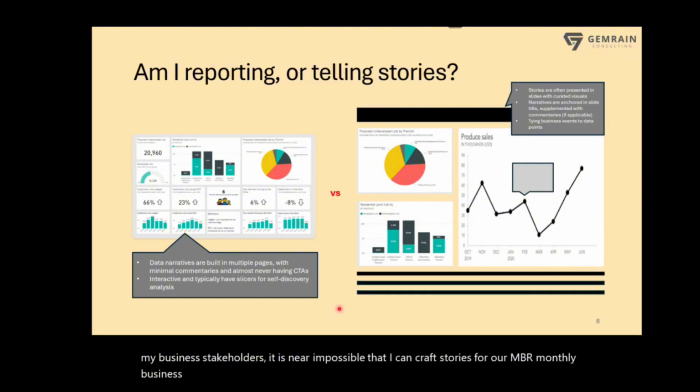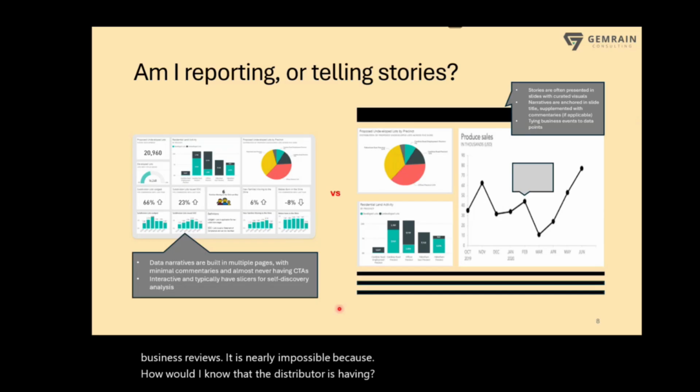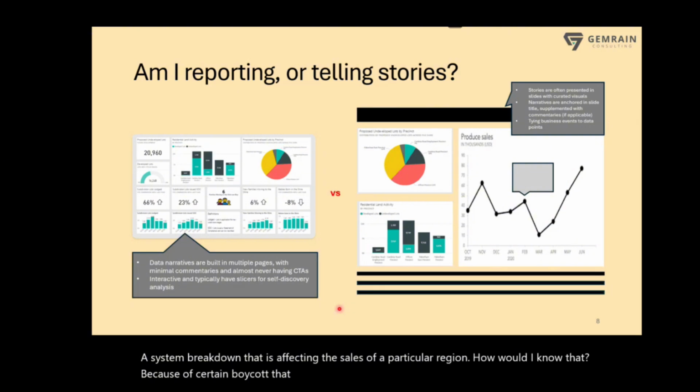It is near impossible, because how would I know that the distributor is having a system breakdown that is affecting the sales of a particular region? How would I know that because of a certain boycott that actually happened?